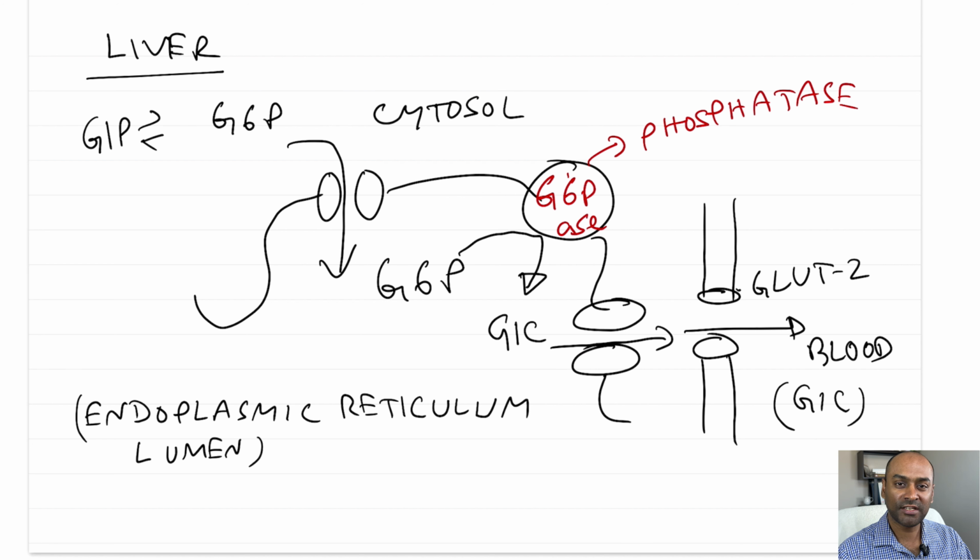So the key point to remember is that the muscle does not have glucose 6 phosphatase. Glucose 6 phosphatase is present only in the liver, and because of that the muscle does not hydrolyze G6P to glucose, because there is no need, right? What's the point? Muscle wants to use G6P ultimately for glycolysis. So there is no point to break down G6P to glucose.